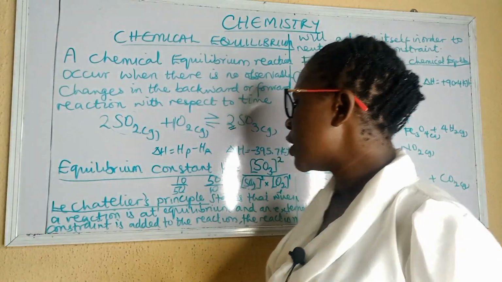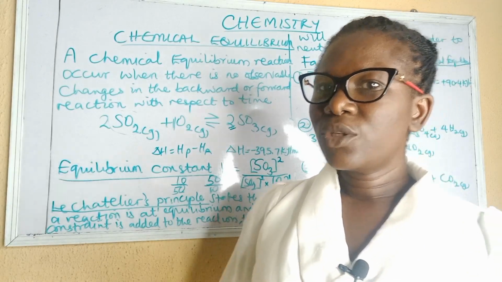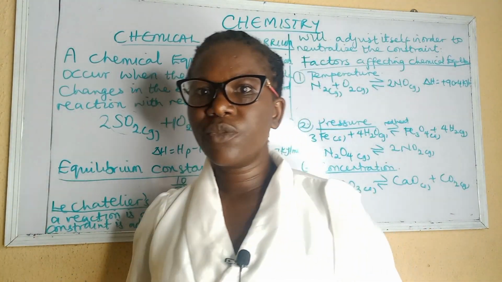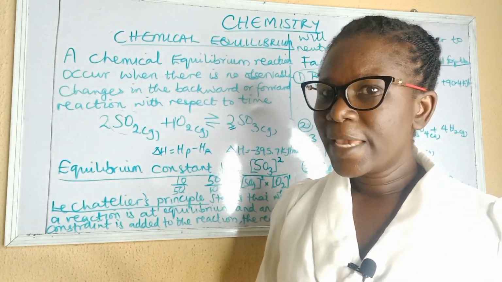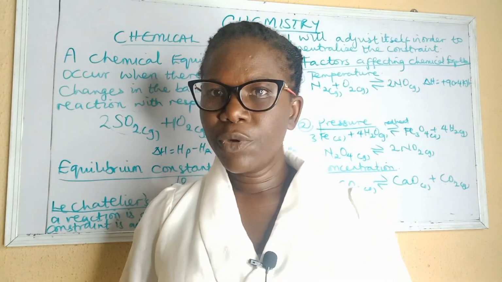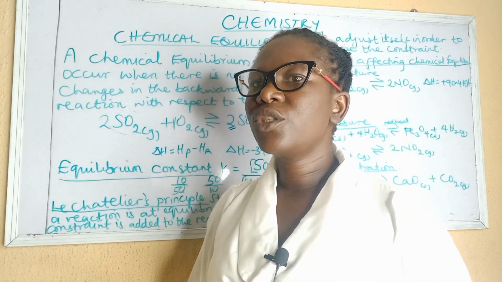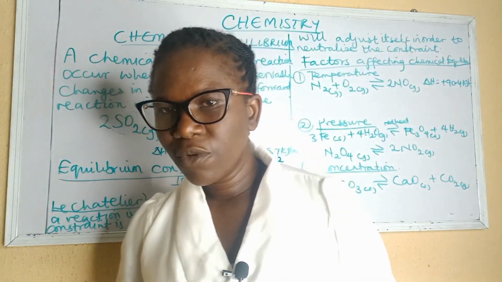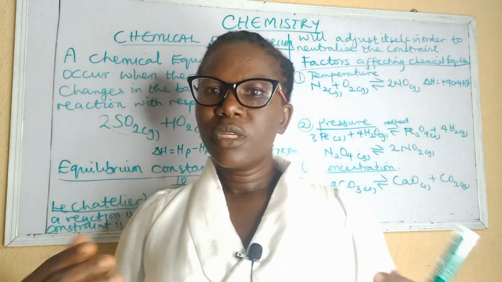So the first one here is Le Chatelier's principle, and it states that when a reaction is at equilibrium, that is, the rate of the forward reaction is equal to the rate of the backward reaction, and an external constraint like pressure, concentration, or temperature is imposed on the reaction at equilibrium, the reaction will adjust itself in order to neutralize or annul the effects.